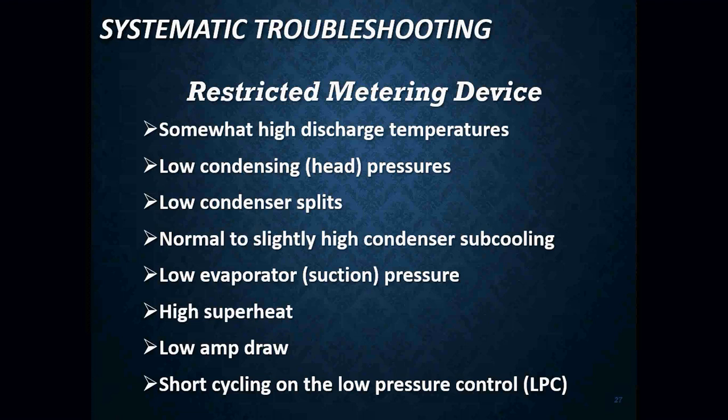Poor recovery or recycling procedures. Maybe whoever did the recovery just didn't do it correctly, or had the system in a vacuum and took his gauges off and then closed the valves, which is where you can really get a lot of air or non-condensables in a system.